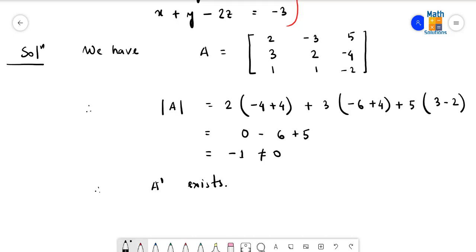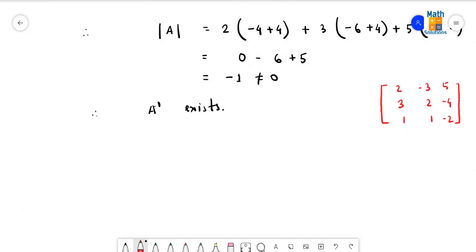So in the adjoint part, actually once again I'm going to write this matrix for my own use. This is 2 minus 3 5, then 3 2 minus 4, here it is 1 1 minus 2. Then while finding out its cofactors, for finding out adjoint we first need to find out the cofactors.